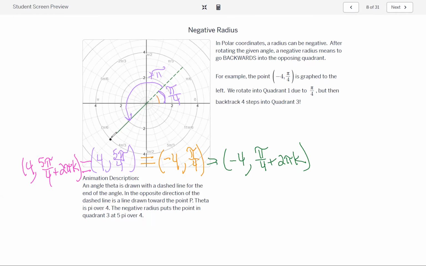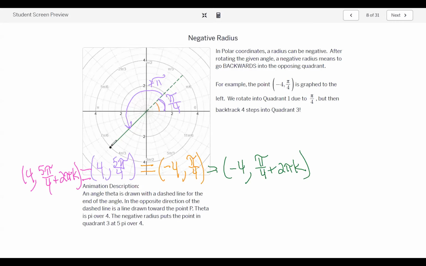So our next slide is just listing the generic formula for the two different radiuses.